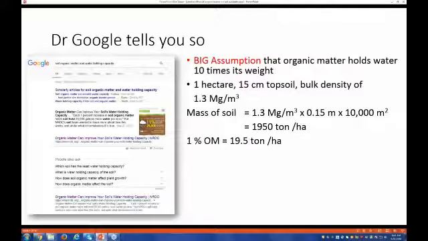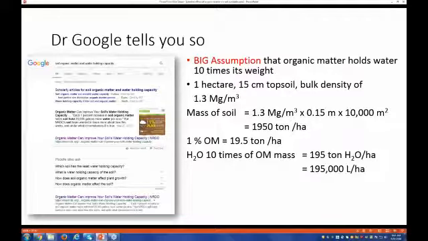So if we say that 1% of organic matter, that's 19.5 tons per hectare. And it also says that within that 1% of organic matter, it can hold 10 times of its mass. So that's 195 tons of water. And if we convert it into liter, that's about 195,000 liters of water. Or in terms of millimeters, that's 19.5 millimeters.